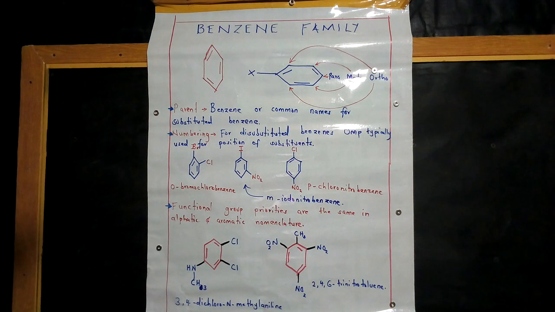So the functional priorities, as we have said, are the same as those in aliphatic and aromatic nomenclature. So for instance, we have these two particular compounds. Of course, as I said, there's a specific name we use for substituted benzenes. Like for instance, the one that we are going to have here, if it has an amine group attached to it, and this nitrogen has been substituted by a methyl group.